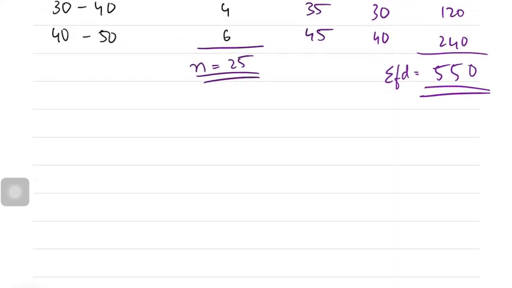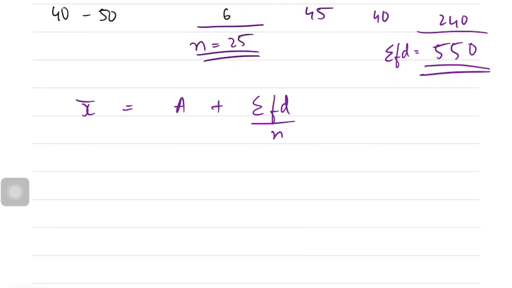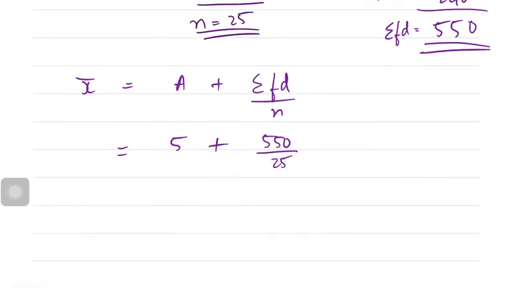Okay, so arithmetic mean is equal to a plus summation fd upon n, where a is 5 plus summation fd, which is 550, upon 25.